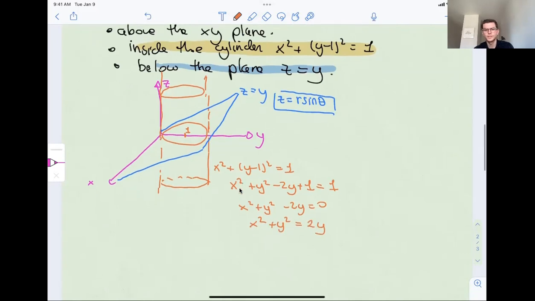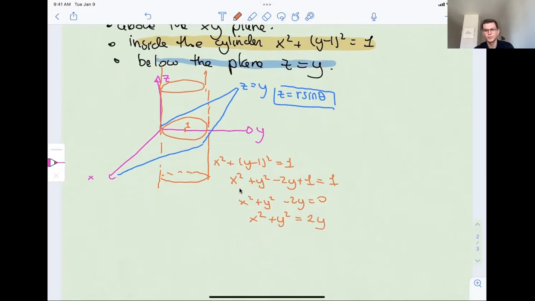Then x squared plus y squared becomes r squared, and this becomes 2r sine theta. So the equation of this cylinder, or circle, is r equals 2 sine theta. Is that making sense?